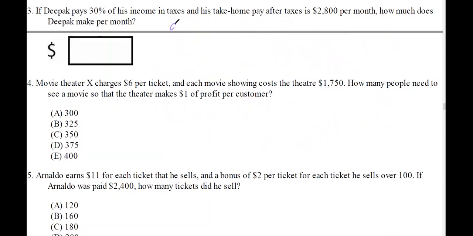Then I would be talking about decrease. In decrease, I would be subtracting X percentage, whatever it is, from the 100%. Now let's see. This is 30%, which I am paying in taxes, so I am not taking it home, right? My take home salary is what?